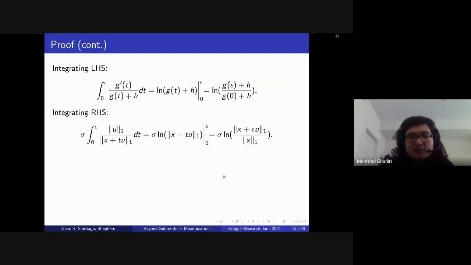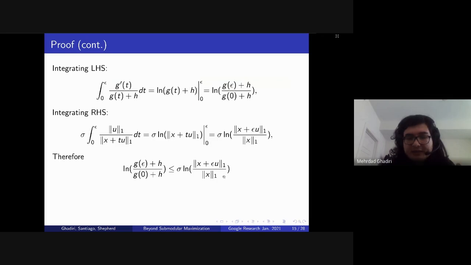I'm not going to go over the integration. It is just straightforward integrating both sides, and because we have this over the whole domain of the integral, the inequality holds for the integral itself.